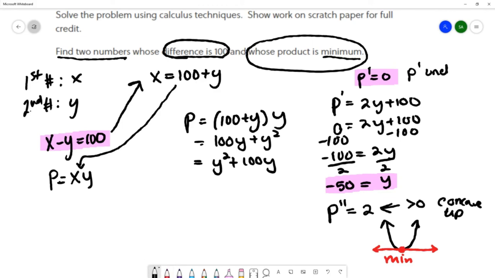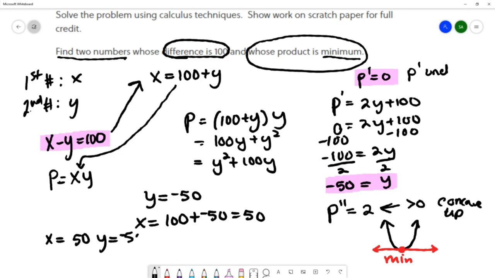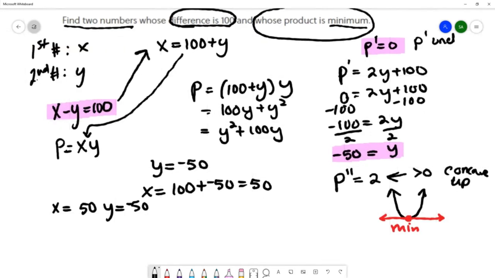So we've just found that y is equal to negative 50, and we can find x. x will be 100 plus negative 50, which is 50. So x equals 50 and y equals negative 50 are the two numbers whose difference is 100.